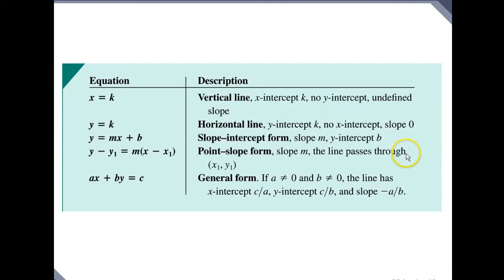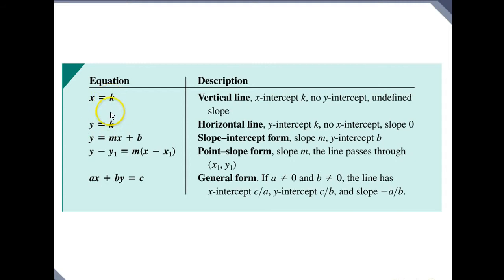Okay, so here are some of the equations we mentioned at the very beginning. And again, you can pause the tape or look at the PowerPoint to include this in your notes. This is the formula of a vertical line. Slope is undefined.